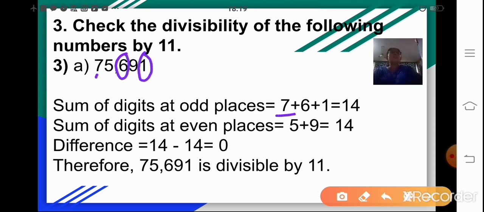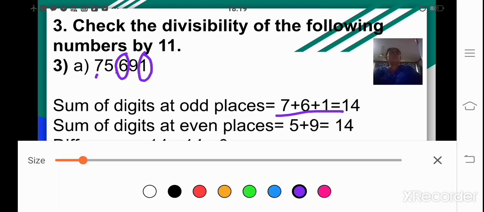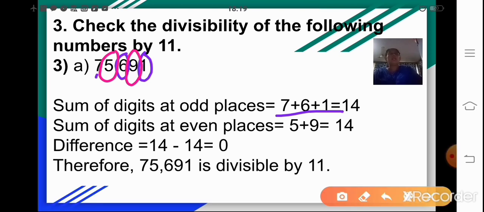So 7 plus 6 plus 1 will give you 14. The sum of the digits at even places. Now which is the number in the even place? That is the second number 5 and the fourth number, that is 9. So 9 plus 5 is 14.